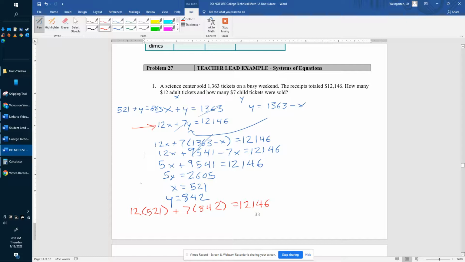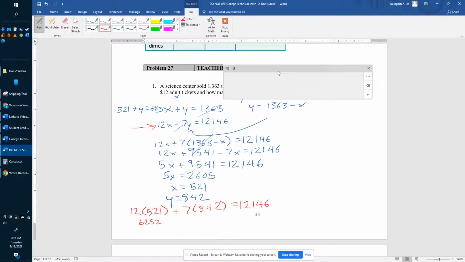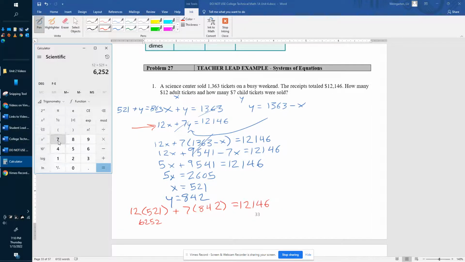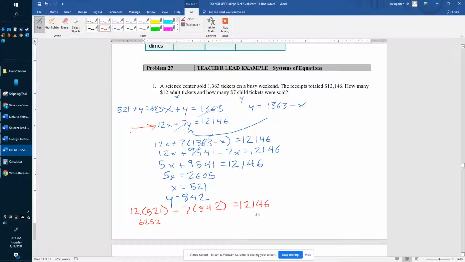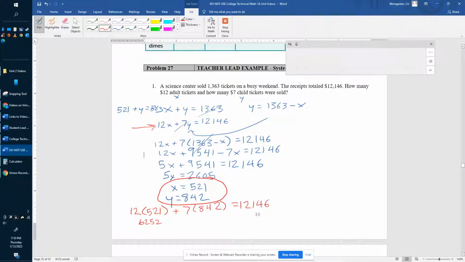So 6,252 plus 7 times 842, 5,894, plus 6,252 gives us 12,146, so these should be correct. So 521 adult and 842 child.